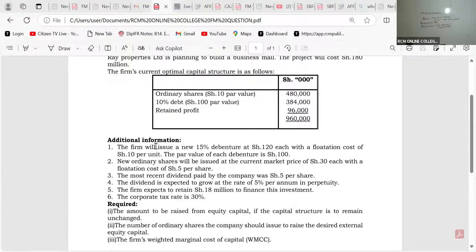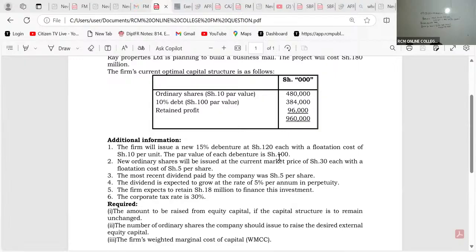The firm will issue new 15% debentures at 120 with a flotation cost of 10. There is nowhere they say something like 100 million is the maximum you can get from debt.